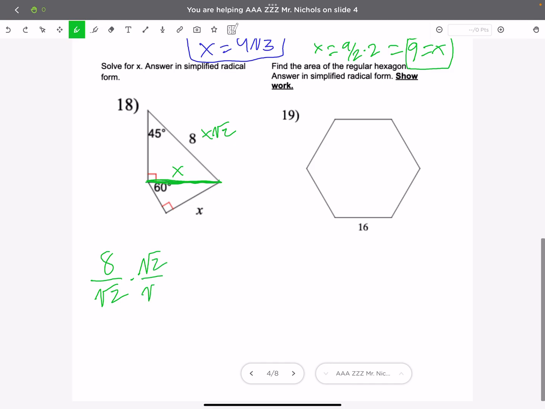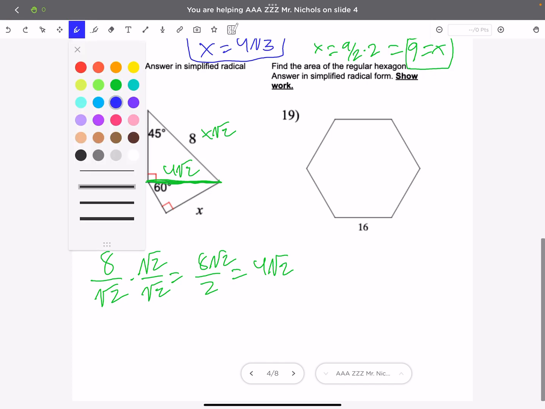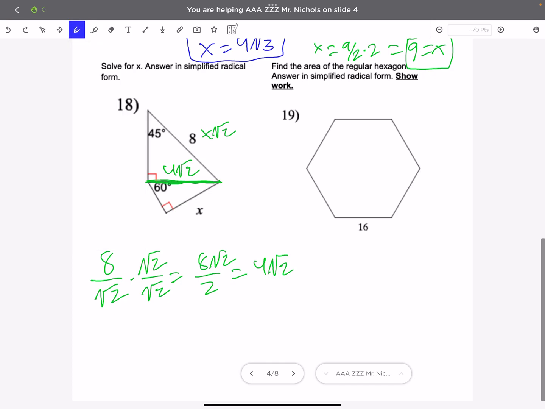Multiply by root 2 over root 2, and I get 8 root 2 over 2, which is equal to 4 root 2. So I'm going to rewrite this green side as 4 root 2. Now, that is the hypotenuse, so I'm going to use blue to work for the rest. This is the hypotenuse of my small triangle here in blue, that 30, 60, 90 triangle.